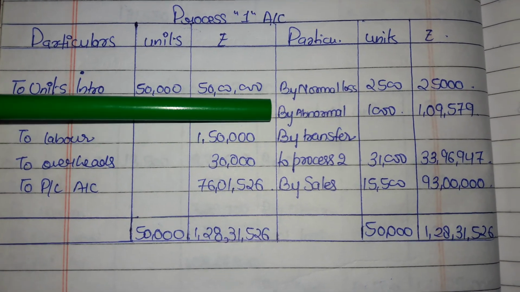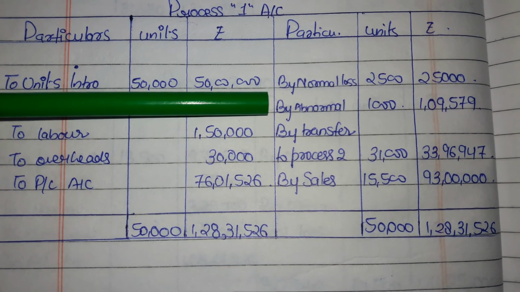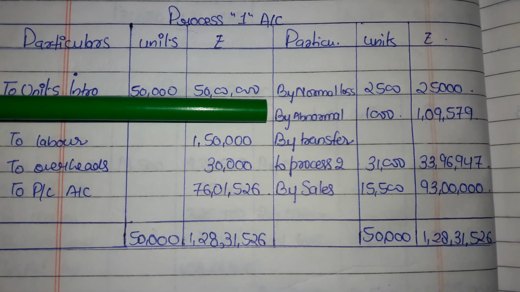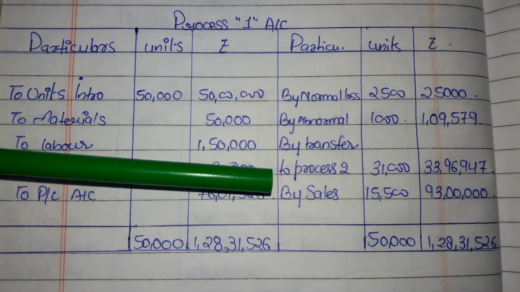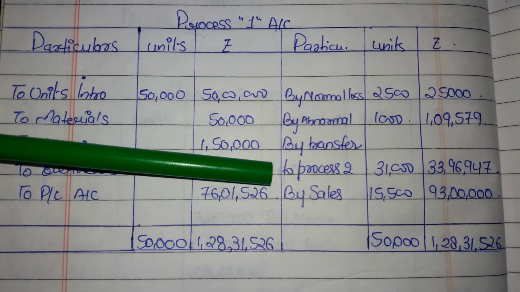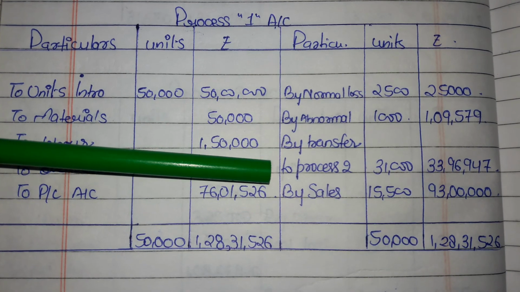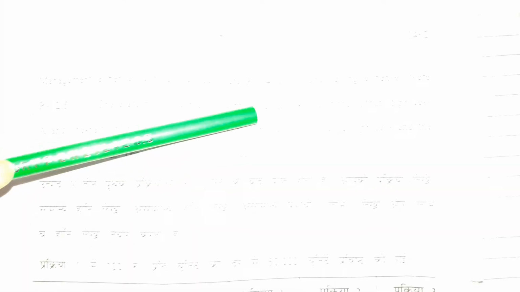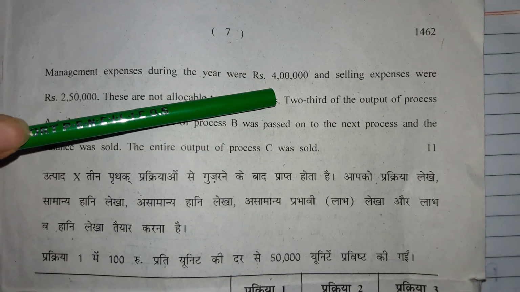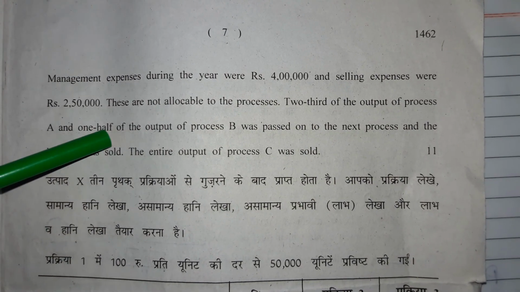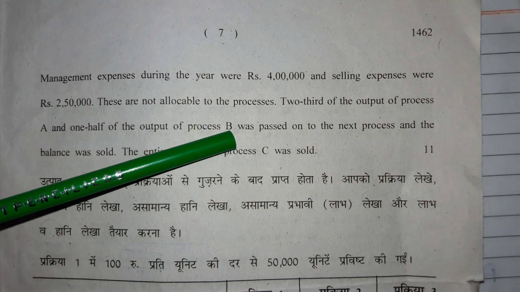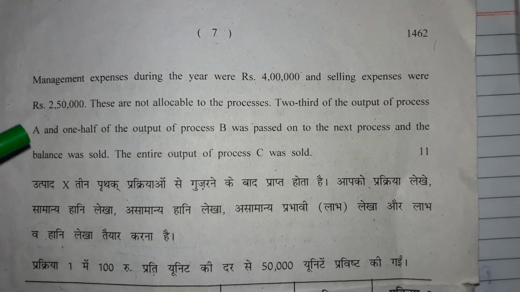Now to calculate its per unit, you need to learn the calculation of cost per unit, which I'm gonna tell you later. So we'll see by transfer to process 2 account, what units will transfer to process 2. It is given in the question that 2/3 of the output of process A and 1/2 of the output of process B was passed on to the next process.